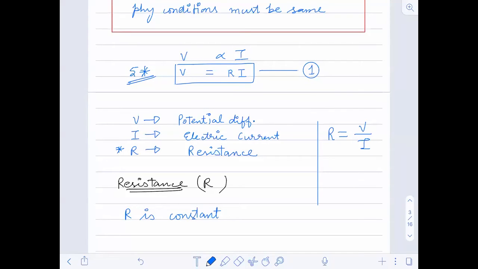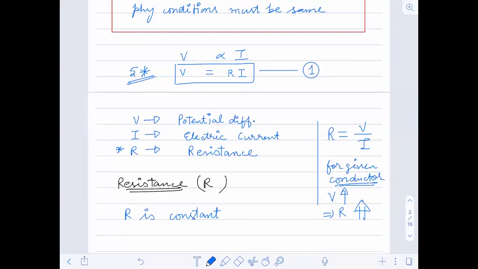Suppose for a given conductor, if I increase V, what will happen to R? It will also increase. How many of you say it will increase?